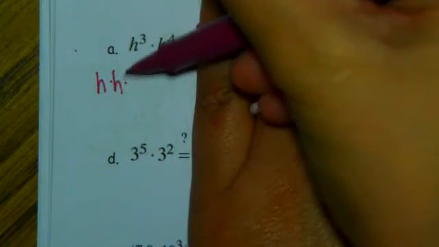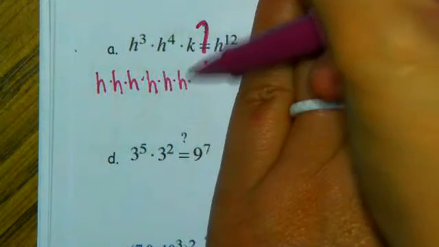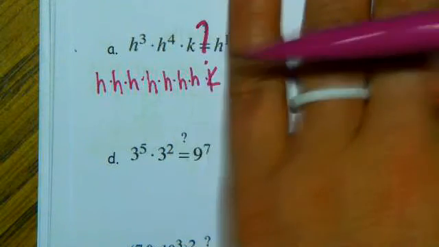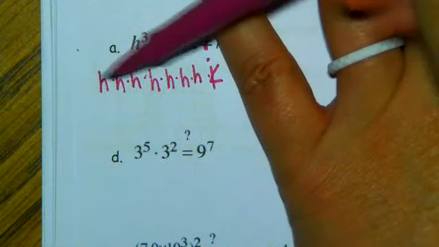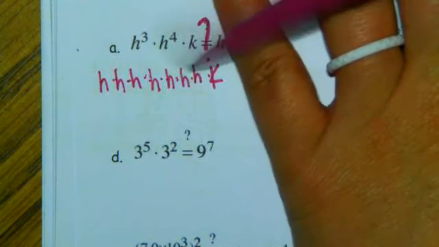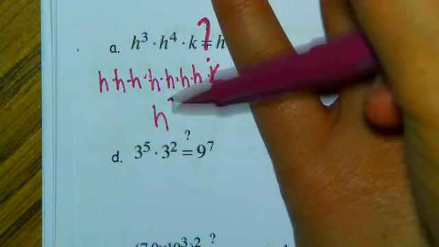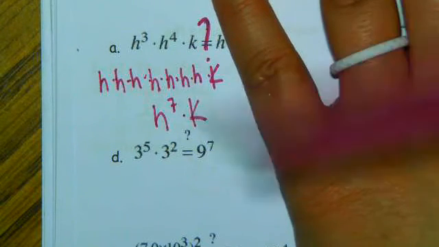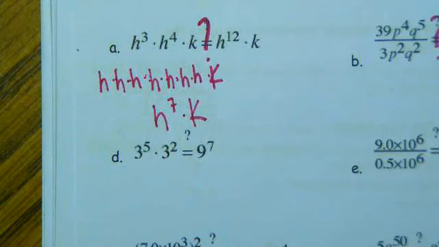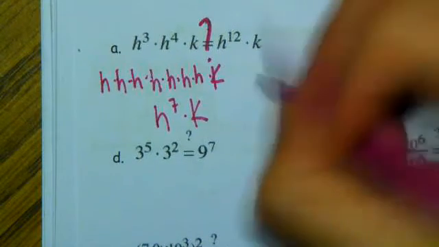H, H, H, 1, 2, 3, 4, and then I have a K. Oh, cover it up. I don't want to see it. So I have 1, 2, 3, 4, 5, 6, 7 H. So H to the 7th times K. Now, is that what that says? No. So I would say they are not equivalent.